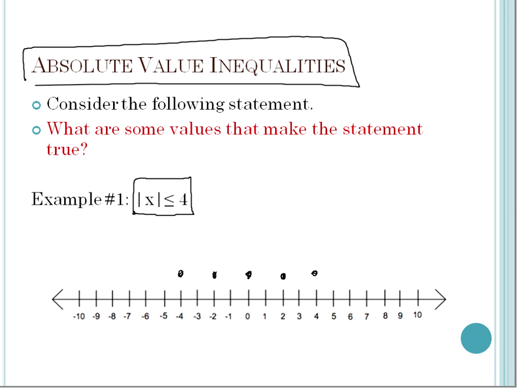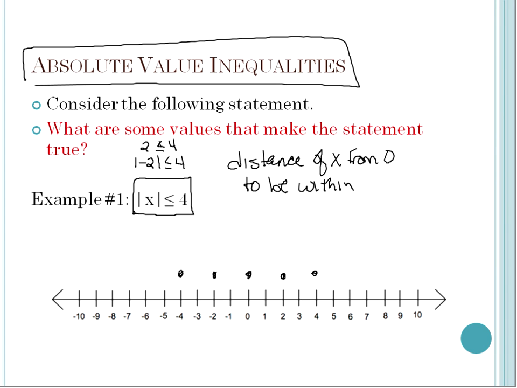So if I pick negative 2, the absolute value of negative 2 is 2, and that's definitely less than or equal to 4. And if you remember that distance argument, this says I want the distance of x from 0 to be within 4 units.